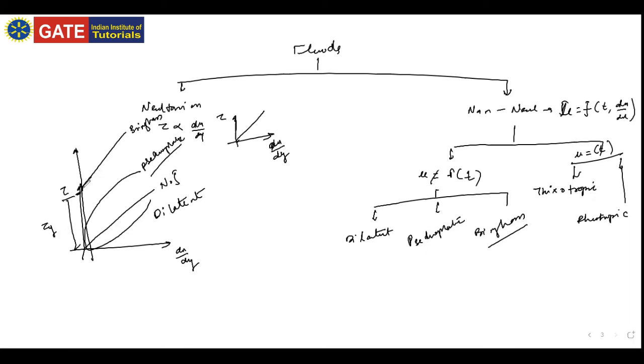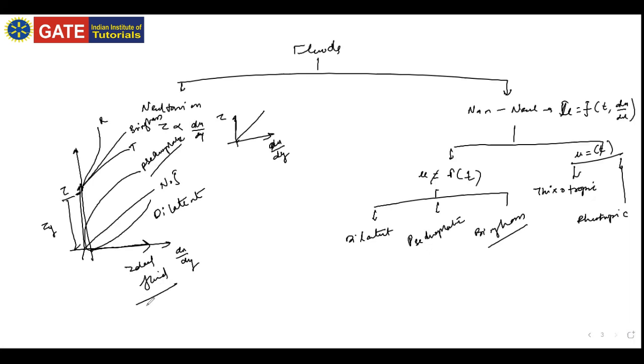This one is going to be your thixotropic, and this one is going to be your rheotropic. This is the relation we have drawn for tau. This straight line is what ideal fluids are.